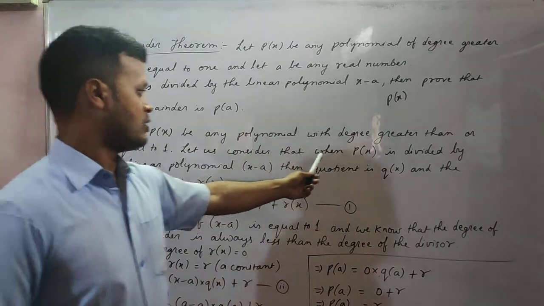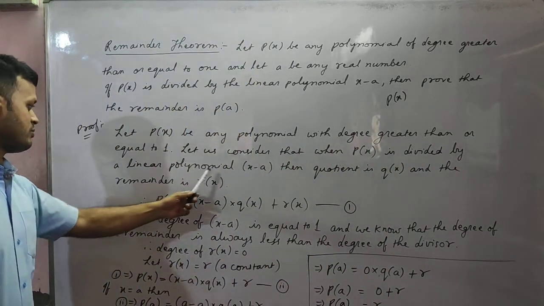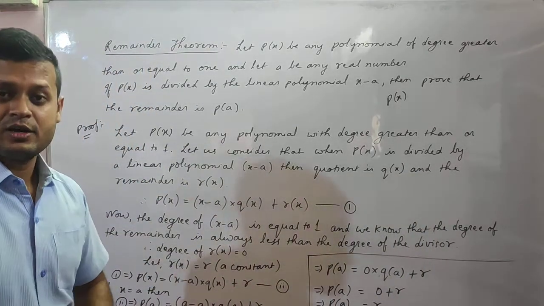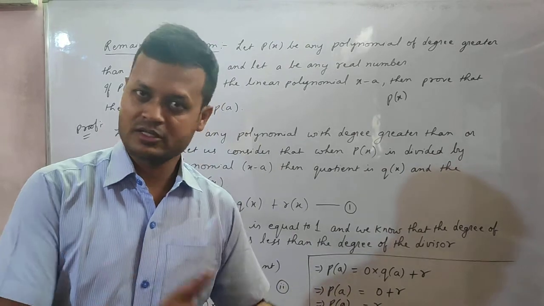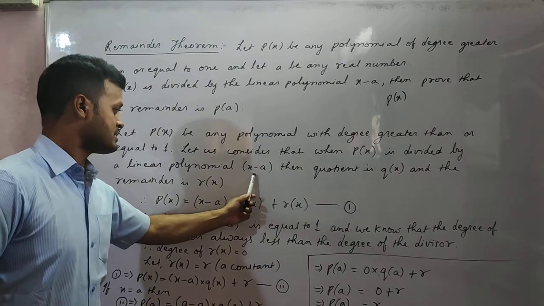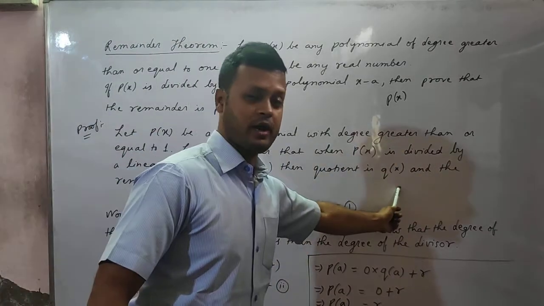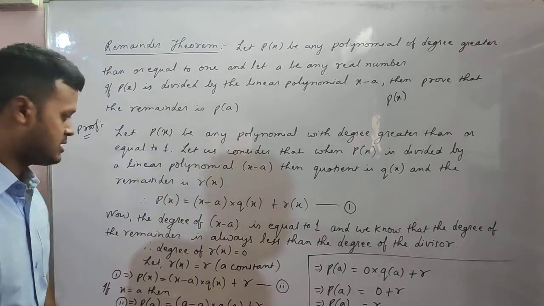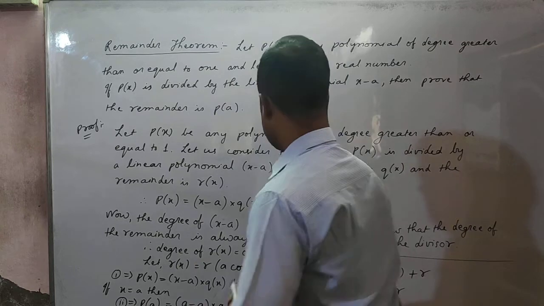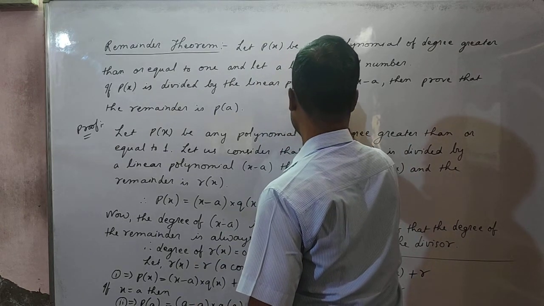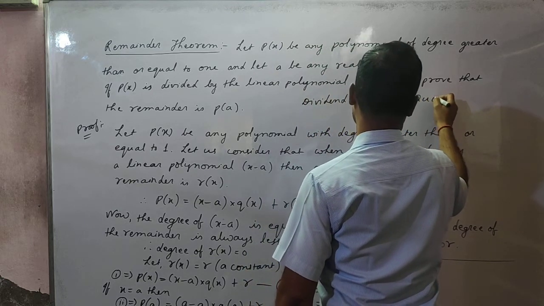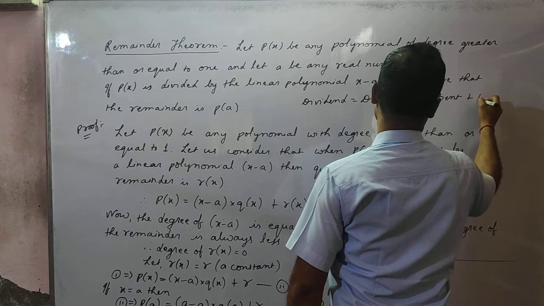Let us consider that when p(x) is divided by x minus a, the quotient is q(x) and the remainder is r(x). So therefore we can very easily write, students, that dividend is equal to divisor into quotient plus remainder. Can we write this?